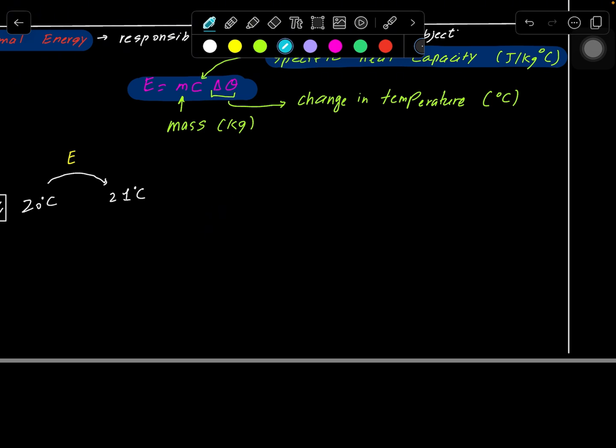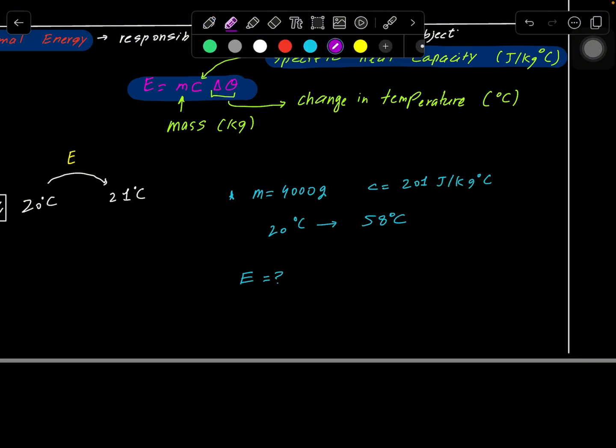So let's say that a substance of mass 4,000 grams has a specific heat capacity of 201 joules per kilogram degrees Celsius, and its temperature is raised from 20 degrees Celsius to 58 degrees Celsius. How much energy is required to do that?